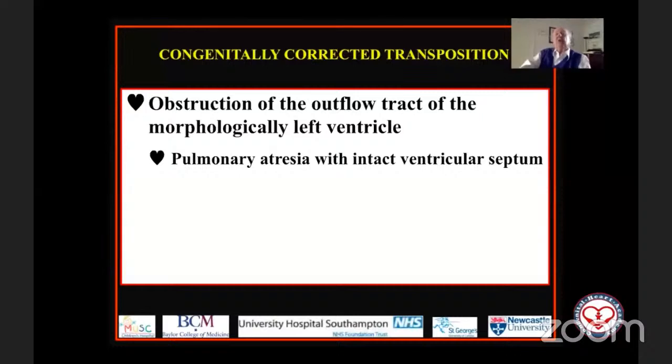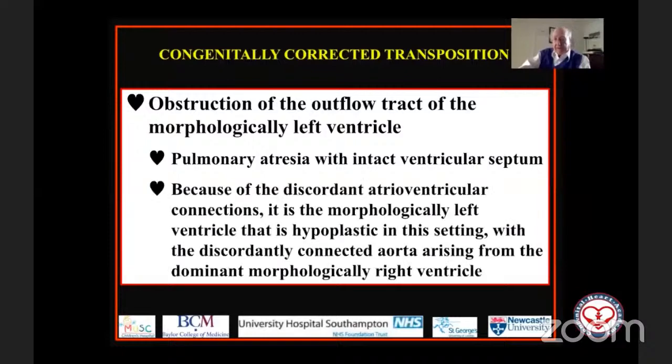You'll not be surprised to know that we can also have pulmonary atresia with intact ventricular septum. But remember, in congenitally corrected transposition, the pulmonary trunk is arising from the morphologically left ventricle.